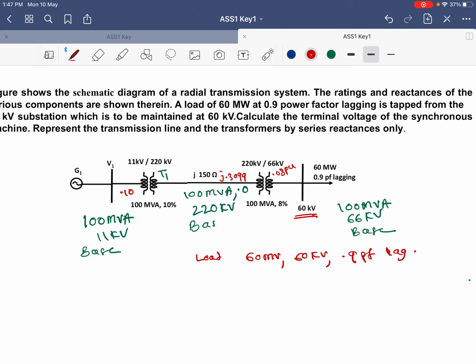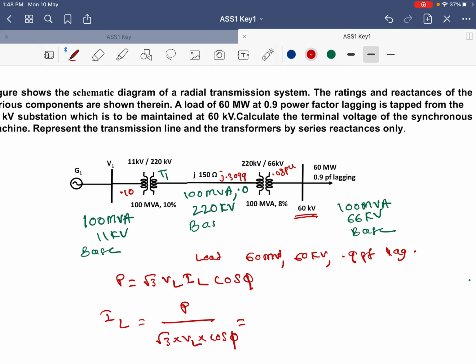Then how to represent the load? We know that three-phase power is equal to root 3 VL IL cos phi. First, I will find the load current. Load current IL is equal to P divided by root 3 into VL into cos phi.